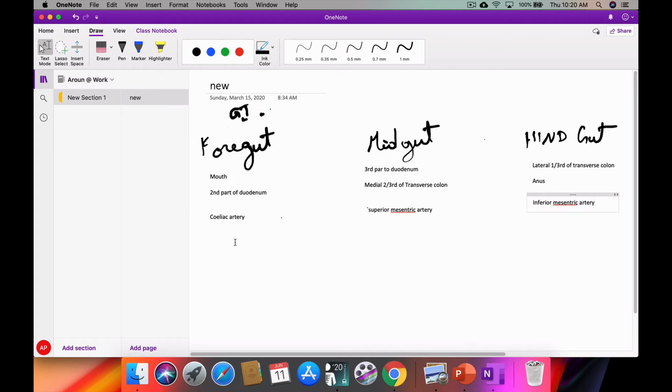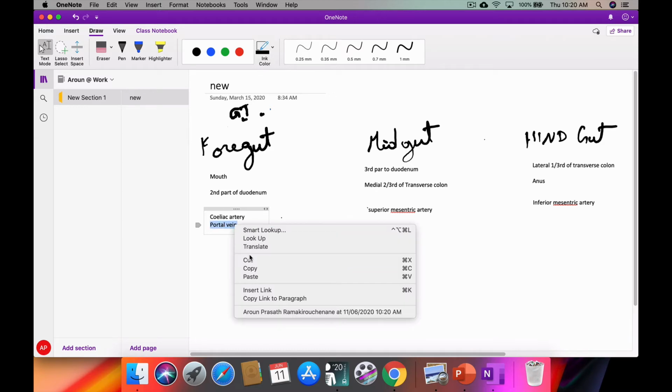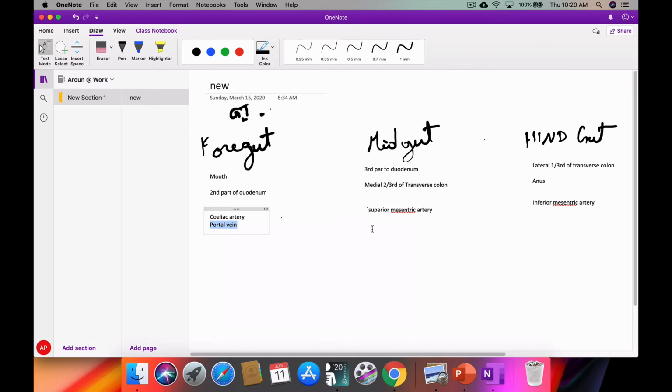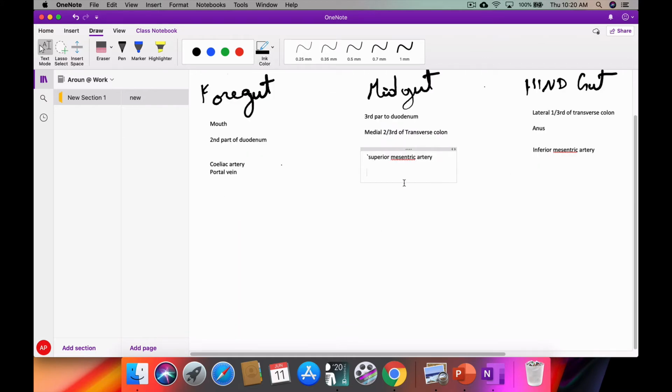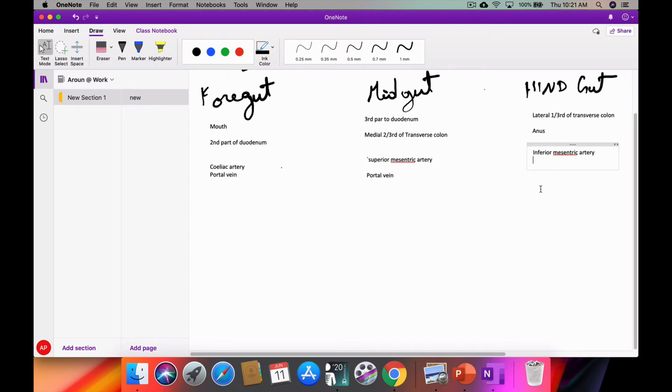Then the venous drainage for the complete GI tract is by the portal vein. Even the hindgut goes by the portal vein to the liver, isn't it? So the hindgut also has portal venous drainage.